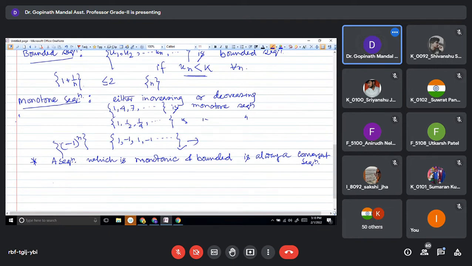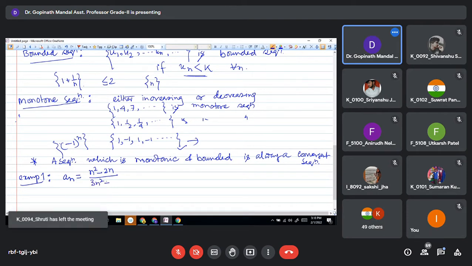Now, example 1. Examine the following sequences for convergence. The sequence is given, an equals (n^2 - 2n)/(3n^2 + n). This is your sequence an. We have to check the limit.